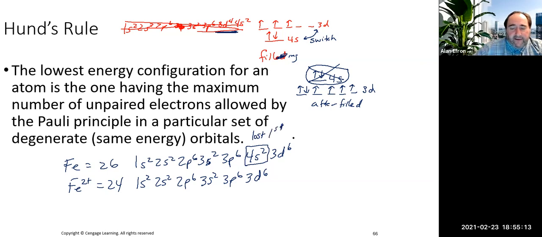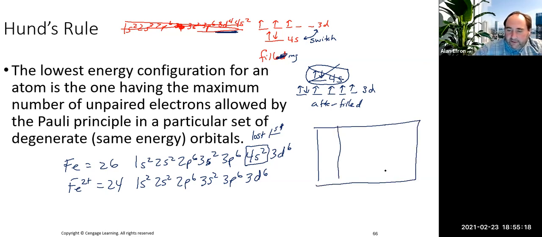That is different and only occurs for our transition metals, which are right there in the center of the periodic table, starting with Sc, the La, and the Ac. All these guys in this area, those in the middle, which are transition metals, behave a little bit differently when they lose electrons, and it is because of the transition that occurs between the s orbitals and the d orbitals. Any questions on that? Okay, so we will leave it there.